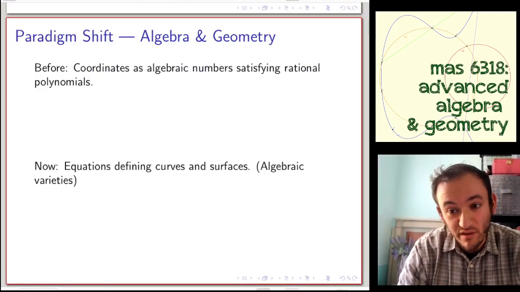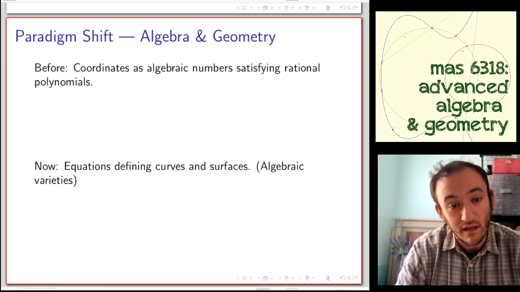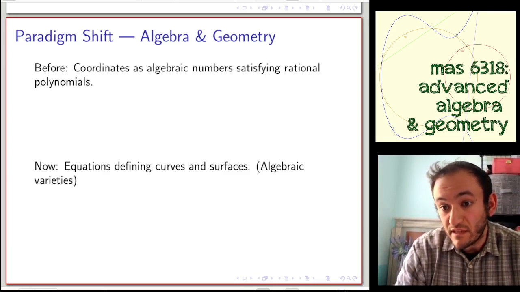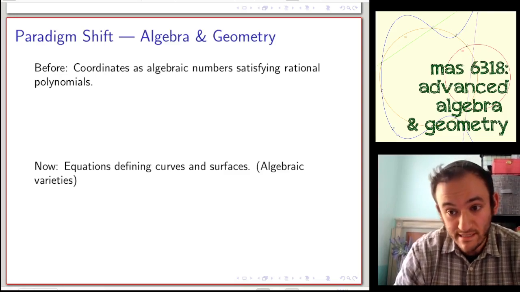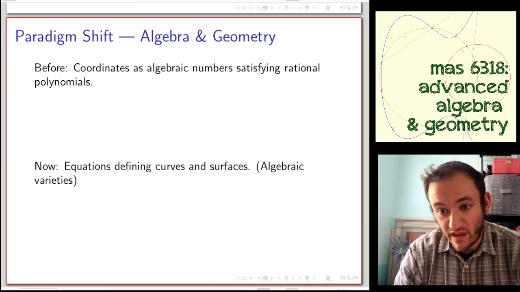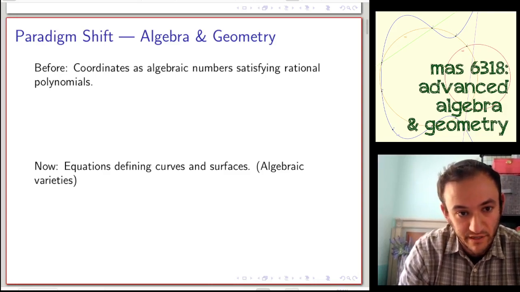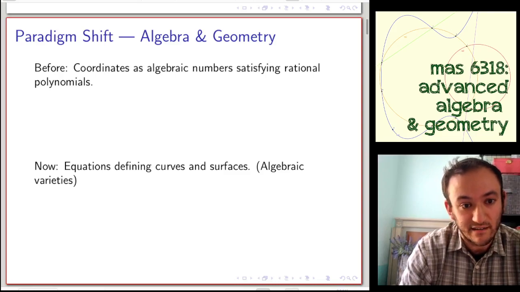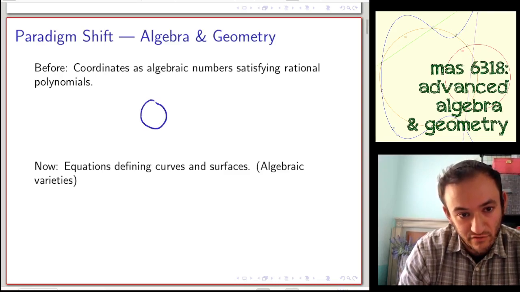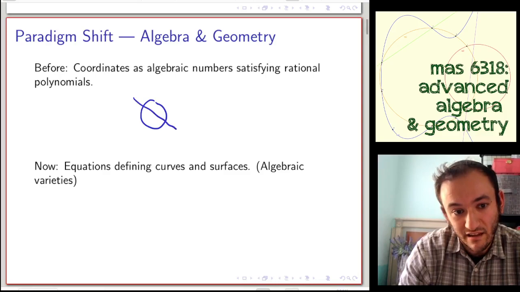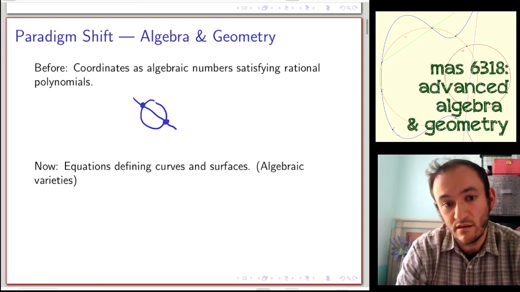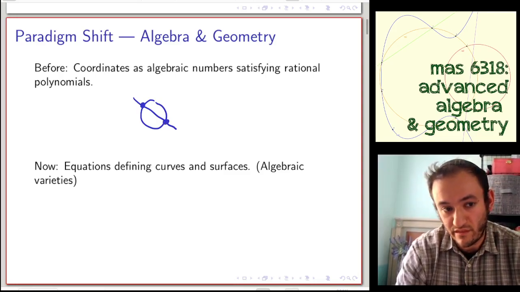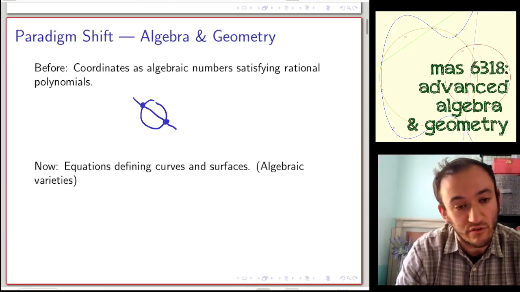This involves a little bit of a paradigm shift for us because up until now, our understanding of the connection between algebra and geometry was by understanding coordinates as algebraic numbers satisfying rational polynomials. For instance, we knew that the intersection of a circle and a line had coordinates which satisfied polynomial equations with rational coefficients.